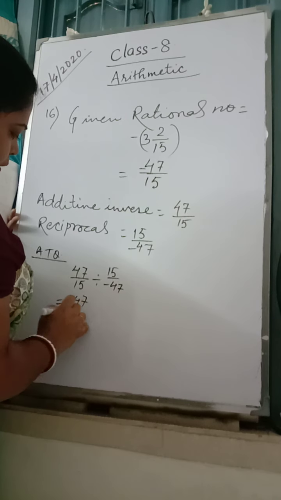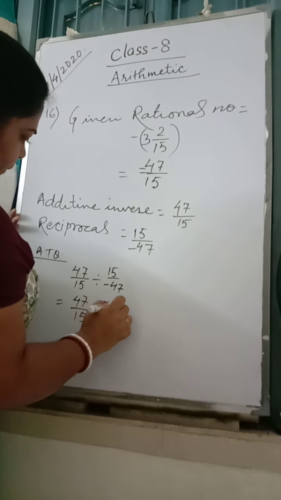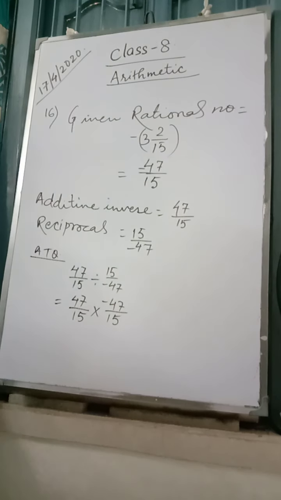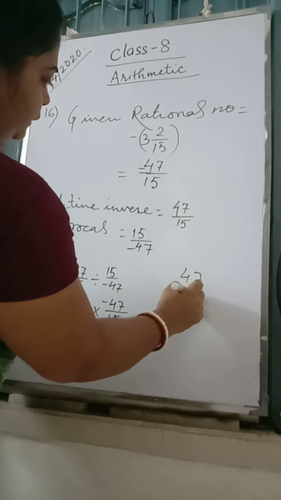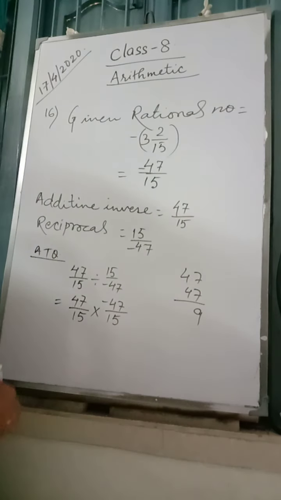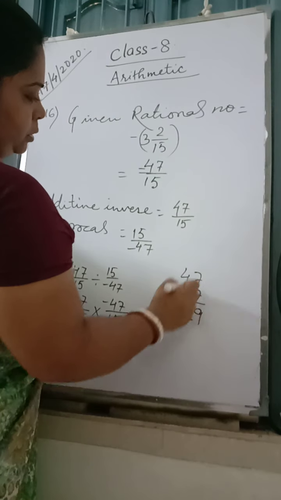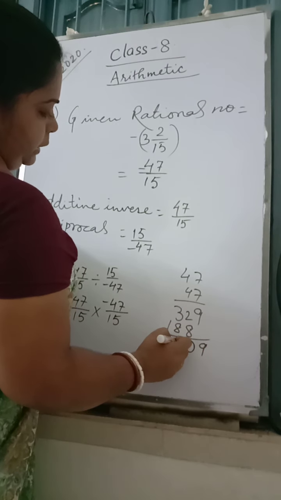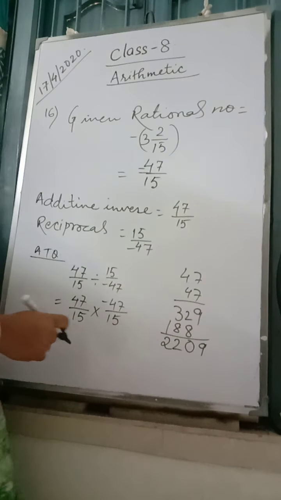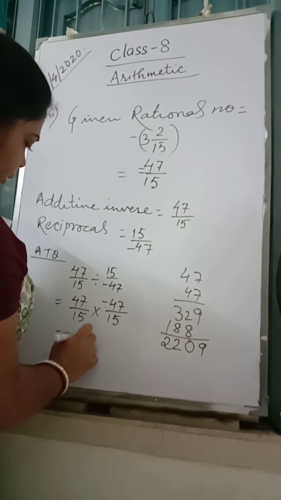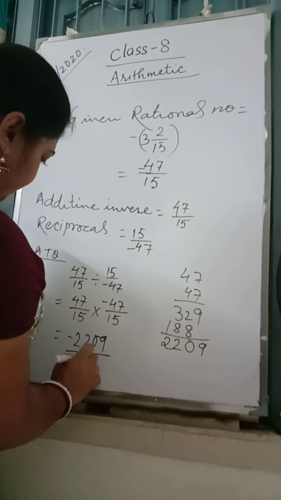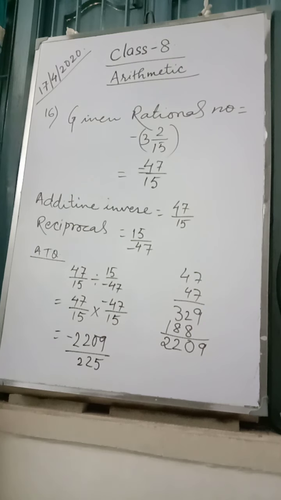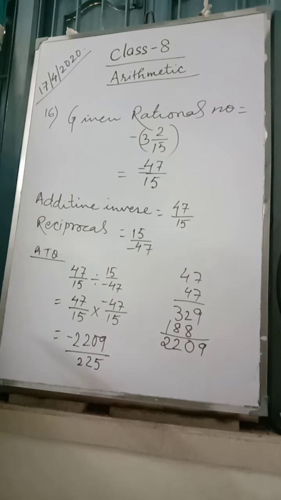So 47 by 15 divided by 15 by minus 47 gives 47 by 15 into minus 47 by 15. 47 into 47 is 2209. So this gives you minus 2209 by 225.